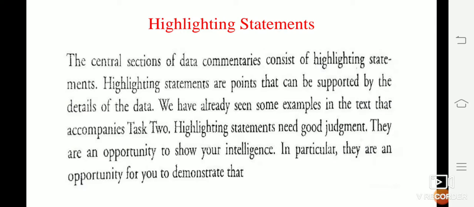So highlighting statements need good judgment. They are an opportunity to show your intelligence. In particular, they are an opportunity for you to demonstrate that. So the highlighting statements actually follow the location statements. This is the central part, which is very important to actually present your results to your readers.